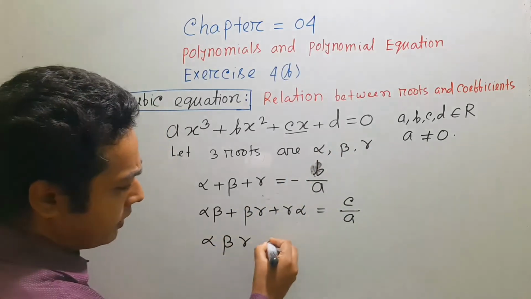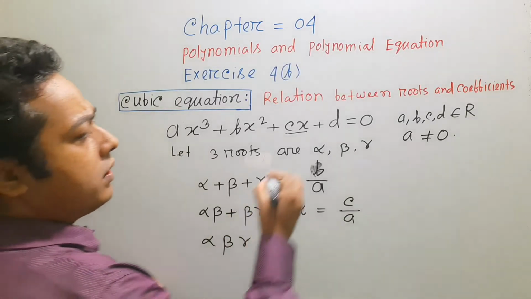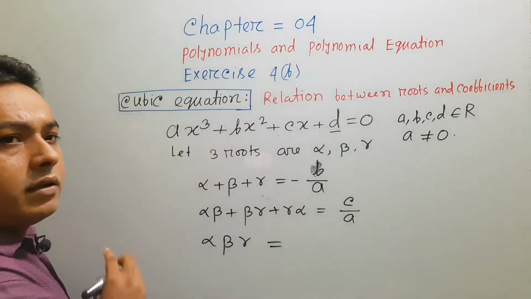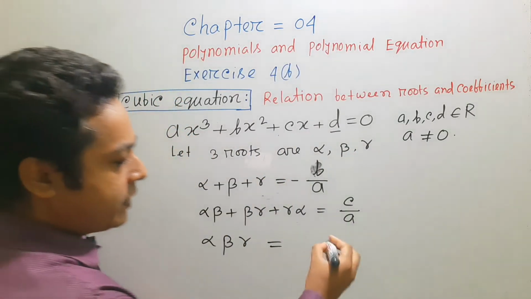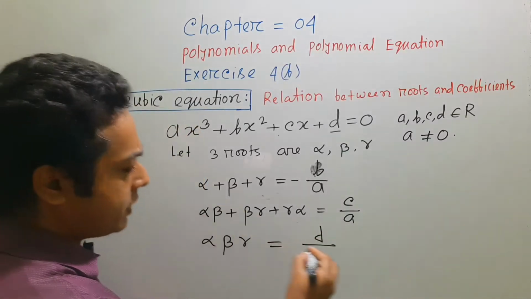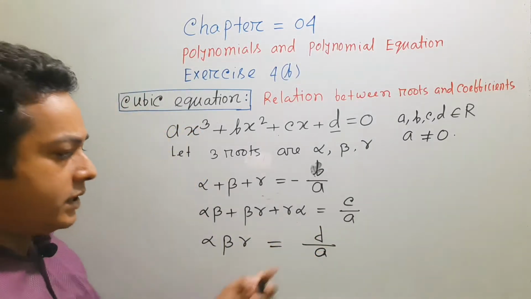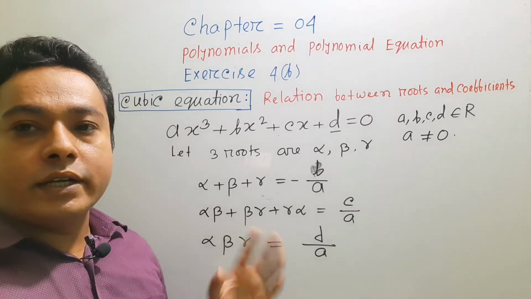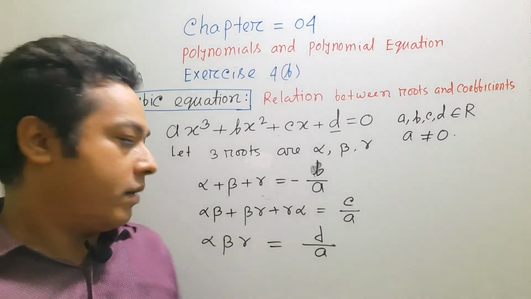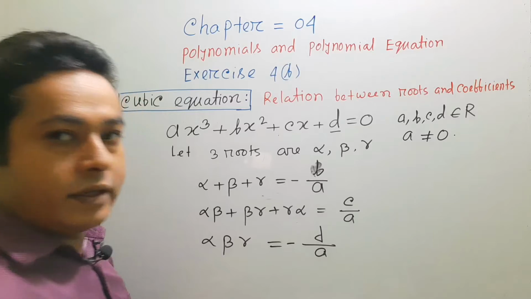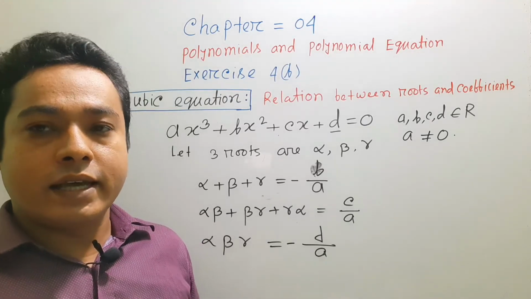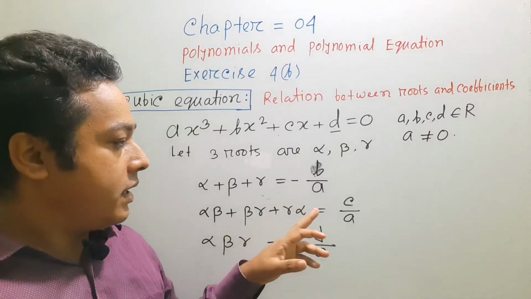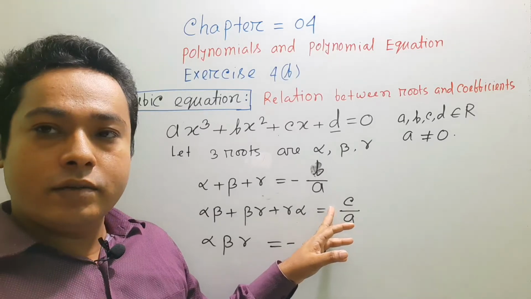Alpha beta gamma is equal to, now the next term is d, so d divided by a. But what will be the sign of this relation? Because we have taken 3 roots, and 3 is an odd number, the sign is minus. As I have already discussed, if the number of roots taken is odd, then the sign is minus. If it is even, then the sign will be plus.